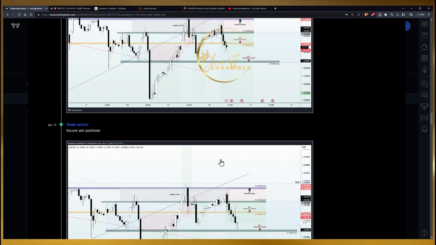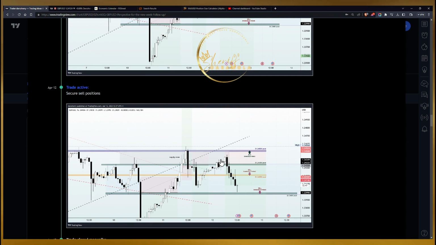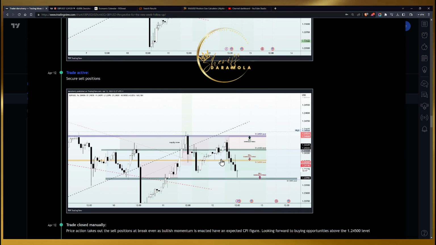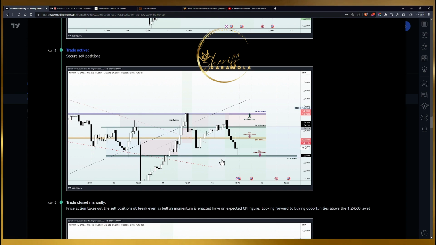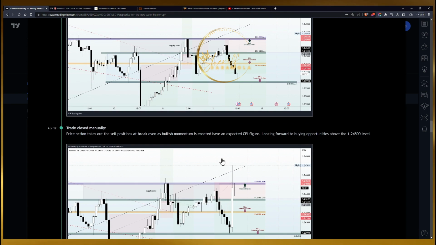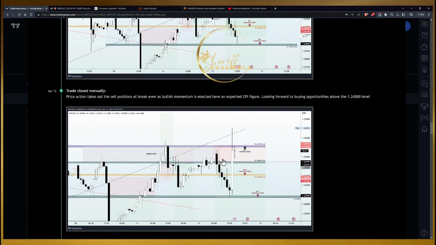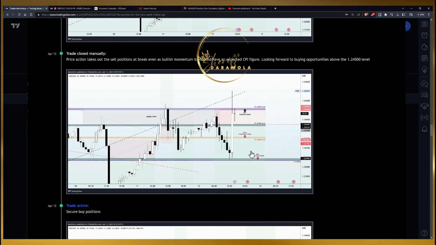So on the 12th of April, that was on Wednesday, we had an opportunity to buy after the volatility in the market during the CPI event. We saw that volatility happen, and I mentioned here that we are going to be buying at the breakout of the 1.24500 level.